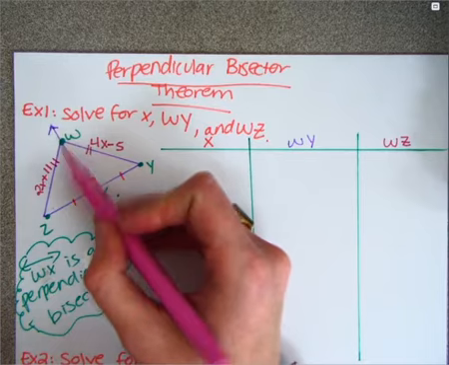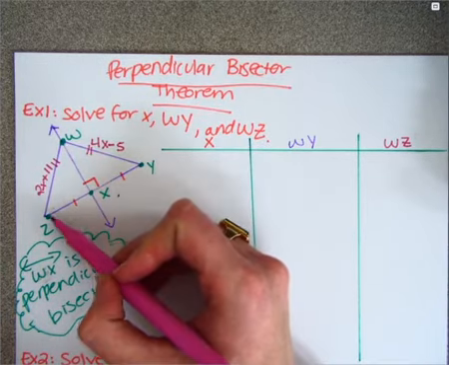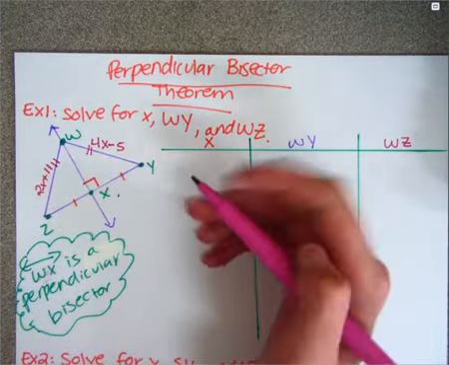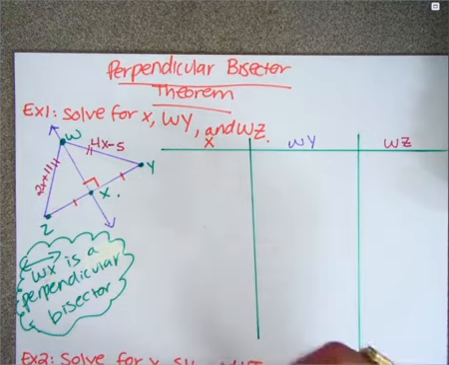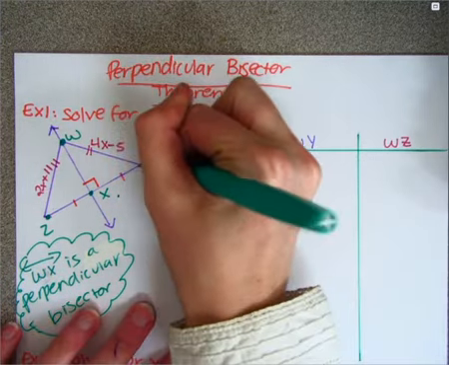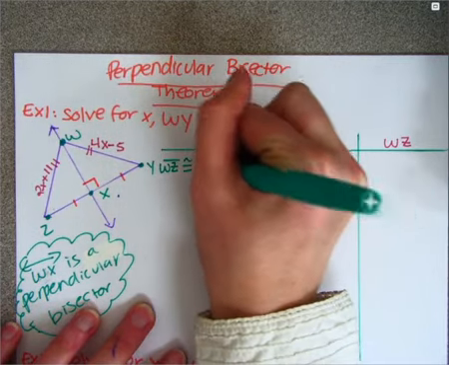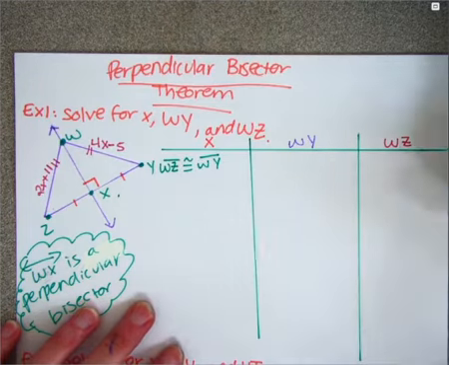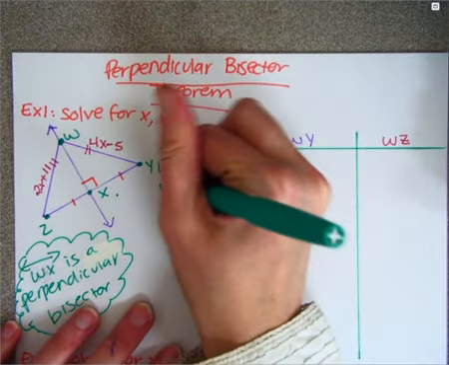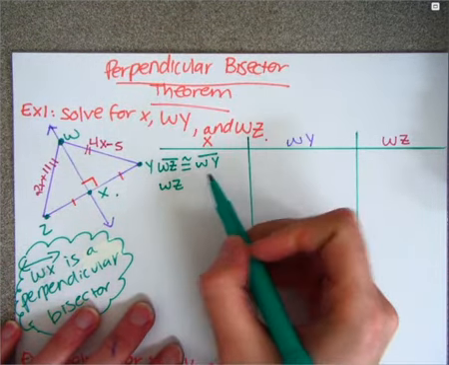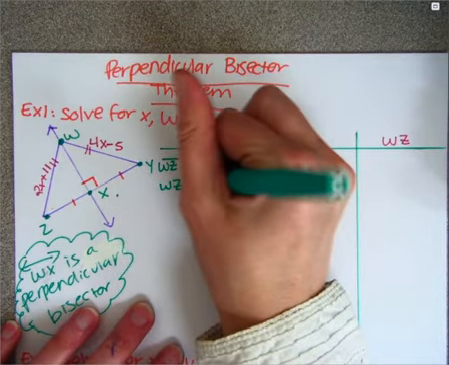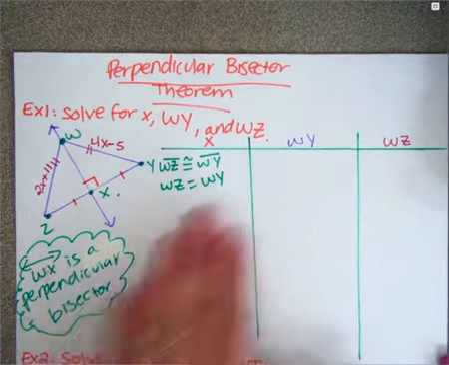It will be the same distance to each endpoint, the same distance to Z as it is to Y. Pretty cool, right? So that means that WZ is congruent to WY. And if the two segments are congruent, that means that their lengths are equal. All right, so that might help me solve.